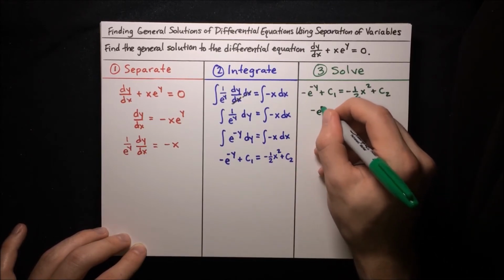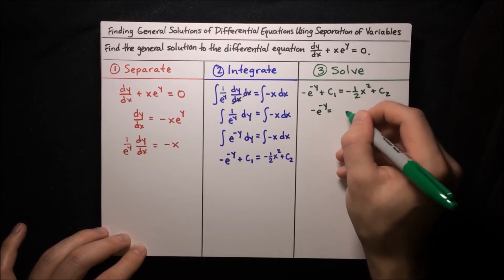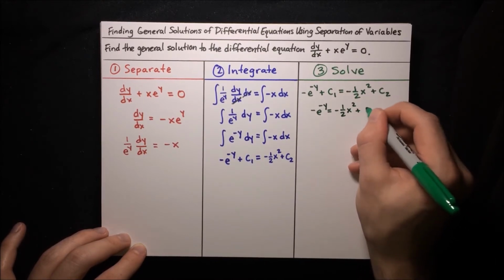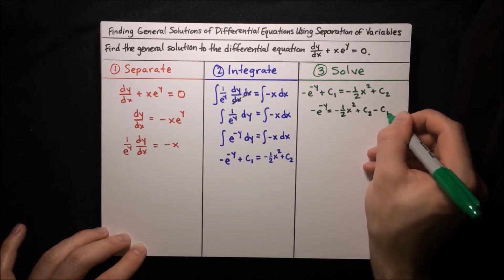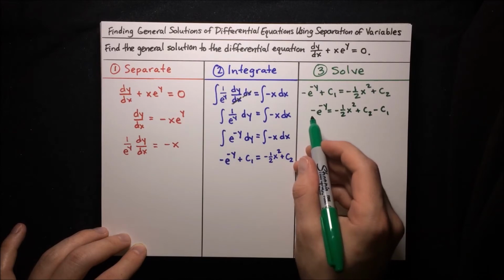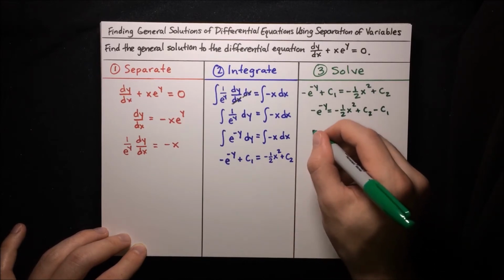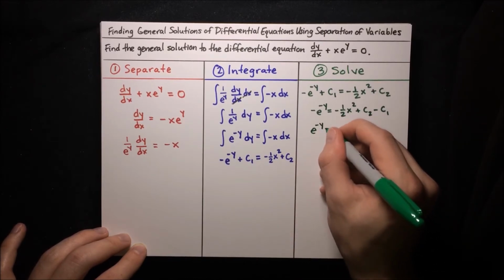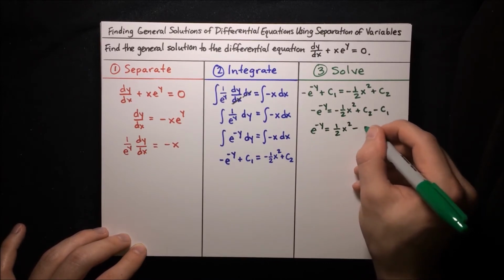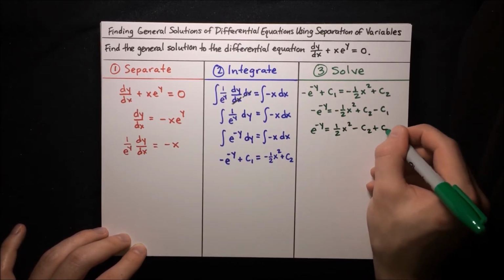So negative e to the negative y is equal to negative 1/2 x squared plus c2 minus c1. Now we can multiply both sides by negative 1 to get rid of that negative in front of the e. So we just have e to the negative y is equal to 1/2 x squared minus c2 plus c1.